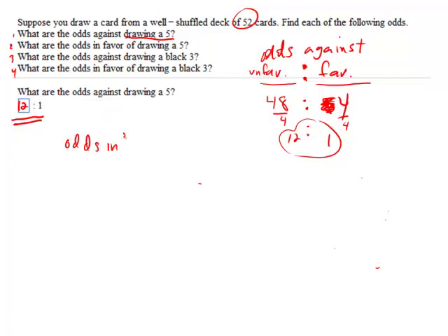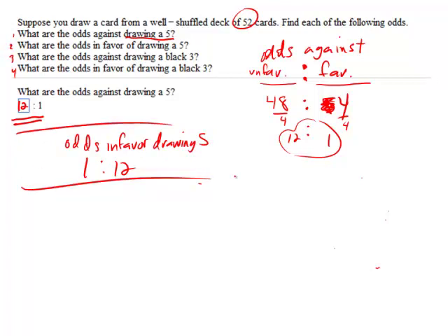Odds in favor of drawing a 5 would be 1 to 12. Odds against drawing a black 5. I'm drawing a black 3. Jeez.